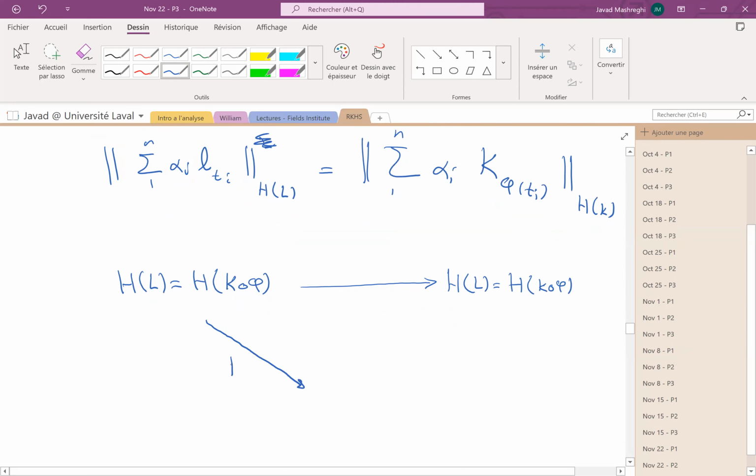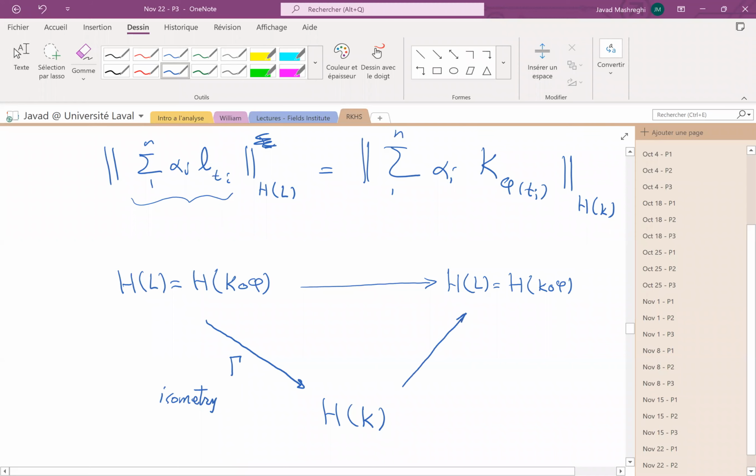I can call it gamma. These elements are dense in H of L, so I can extend this from the finite sums to the whole space. So I have an isometry from H of L to H of K.